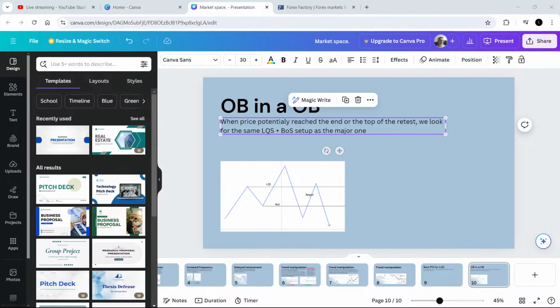So we're basically looking for a, how can I actually explain this? We're scaling down to the lower time frames.